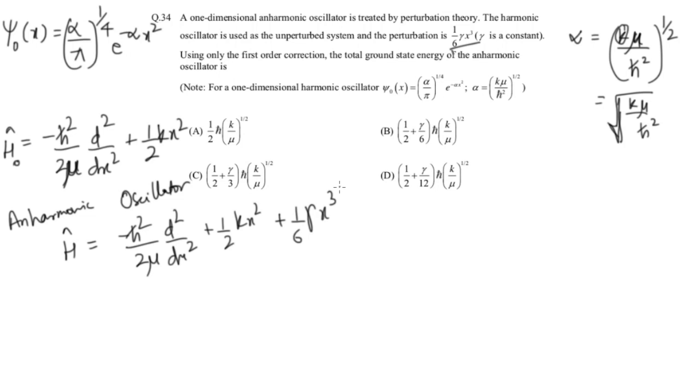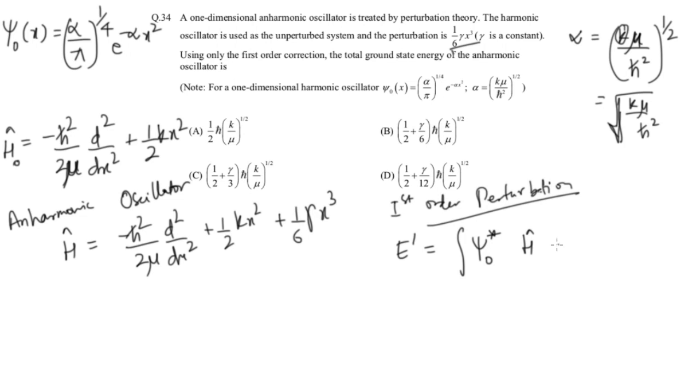So now the first order perturbation, if you know, the first order perturbation is nothing but this, that is given by E1, and that is given by the integral of psi naught star, the complex conjugate of the wave function psi naught, then your H, that is the Hamiltonian, and psi naught, and d tau you can use when you are treating it in 3 dimensions.